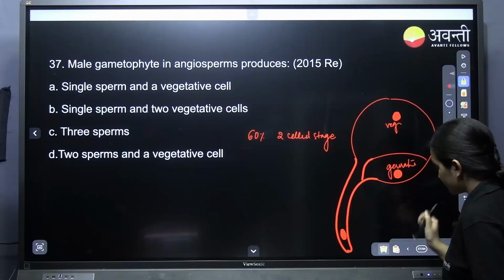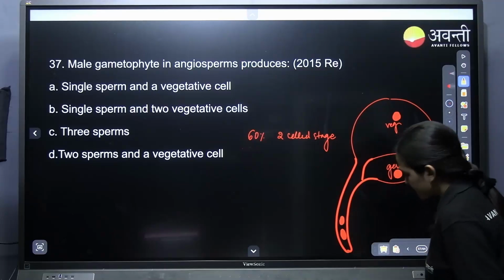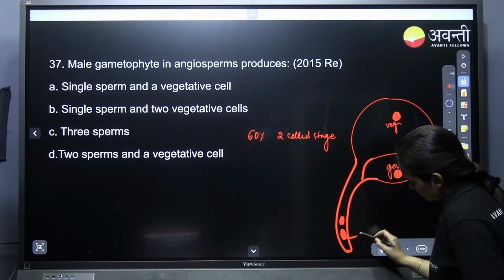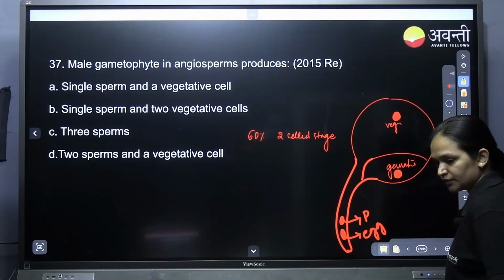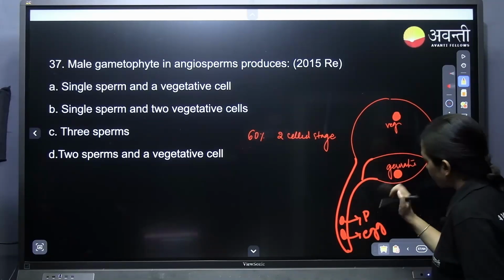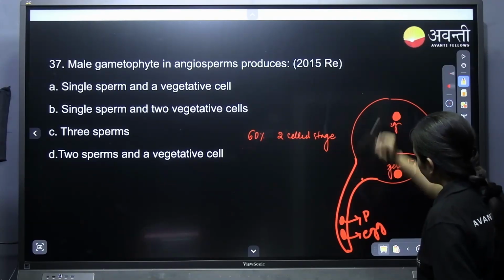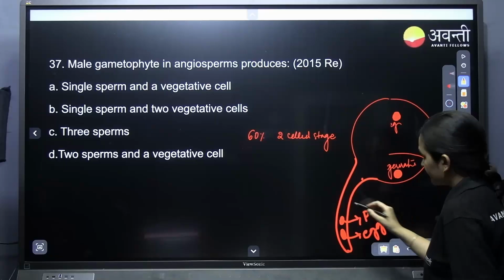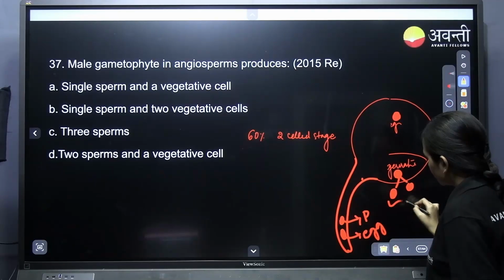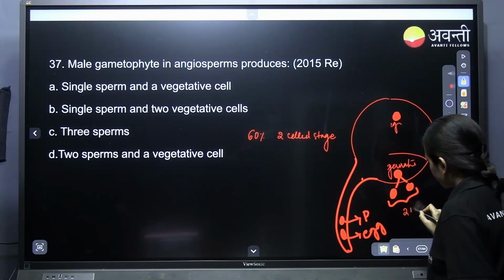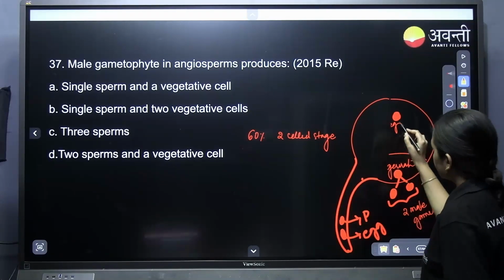This generative cell, when it is near the egg, undergoes mitosis. Okay, this will fuse with the egg and this will fuse with the polar nuclei. Later this generative cell undergoes mitosis to become 2 sperms, that is 2 male gametes, and one is the vegetative cell.